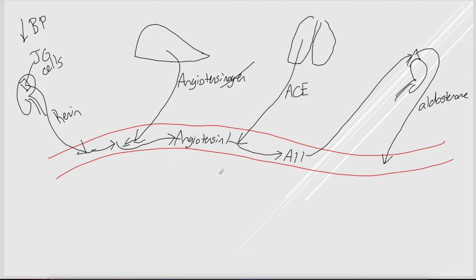So let's just go through. I'll write these down here. So angiotensin 2, by itself, is a potent vasoconstrictor.